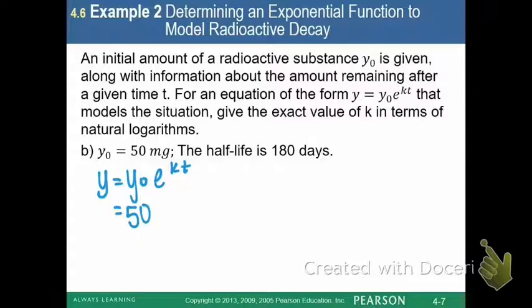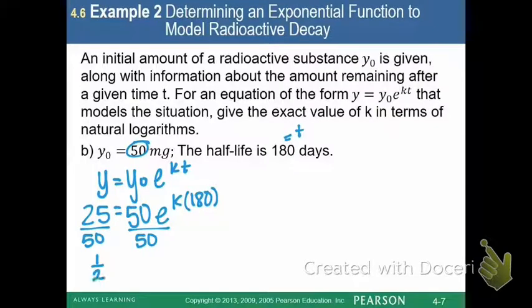So in this case, t is going to be equal to that 180, and since the initial amount is 50, I need to cut that in half, which gives me 25, and that's going to be my final amount. Okay, so I'll have 25 equals 50e to the k times 180. And we're going to solve it the same way.